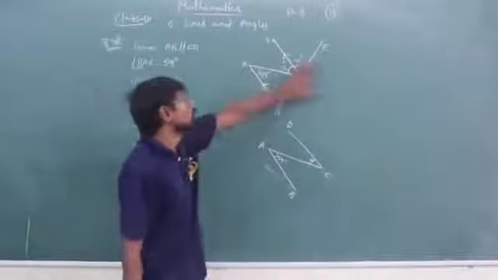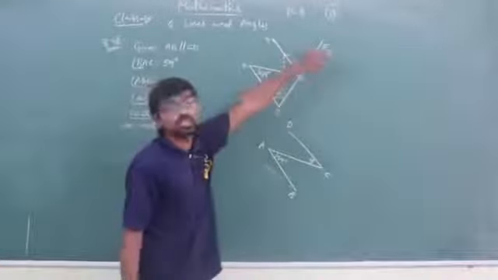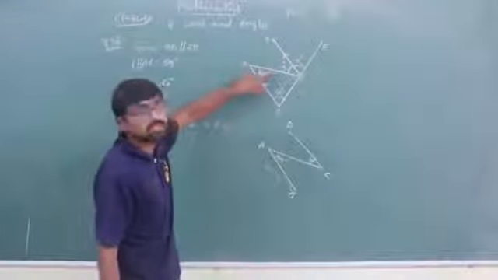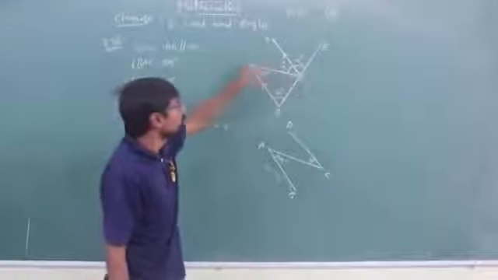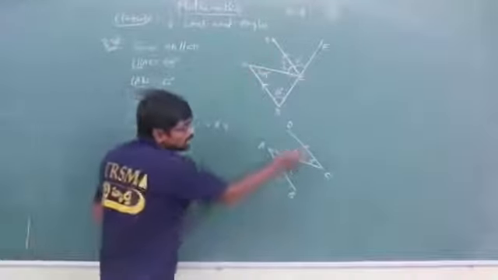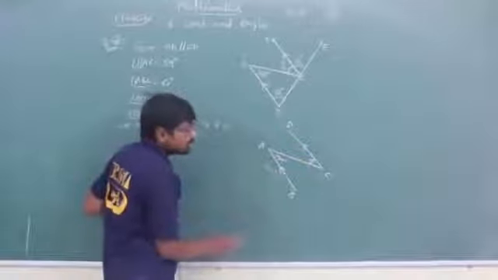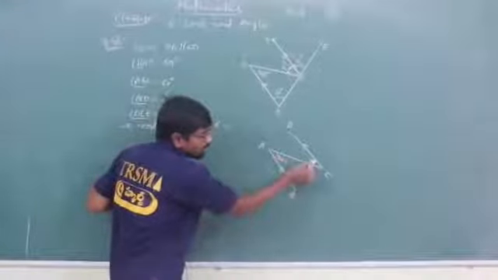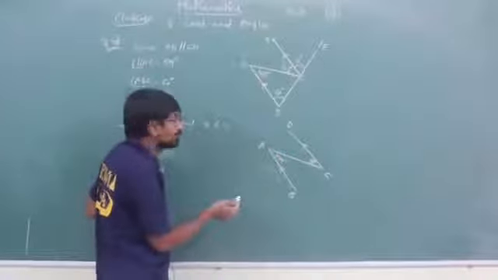First, I am not taking the transversal BE. I am first assuming this transversal AC to both the parallel lines AB and CD. As these both are parallel, the alternate interior angles are equal.